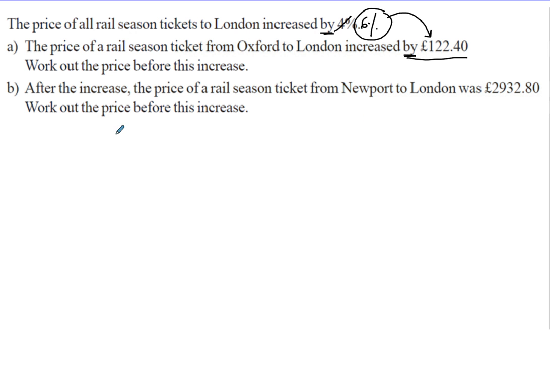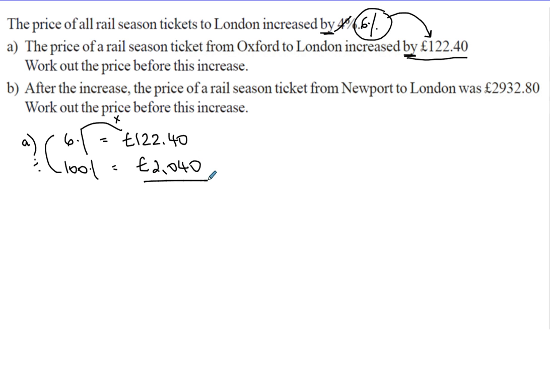Yeah, okay. Work out the price before this increase. So we've got 6% equals £122.40. So 100% equals, say it with me, that divided by that times that, and you get 2040. Okay, so that was the price before this increase.